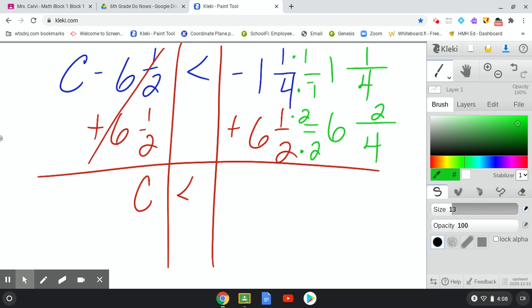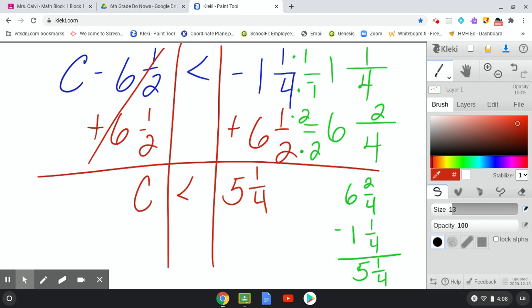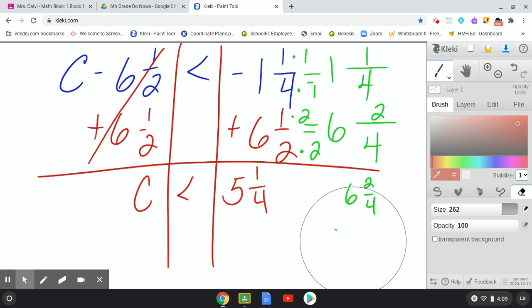So if I were to take 6 and 2/4 and subtract 1 and 1/4, I would be left with 5 and 1/4. So then C is less than 5 and 1/4. I now need to go ahead and graph this. Let me just give myself some space.